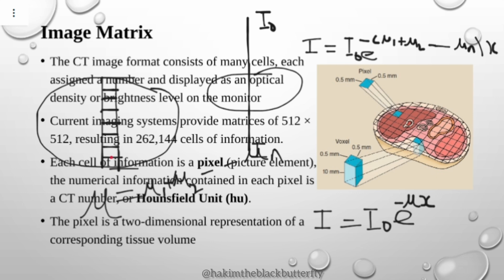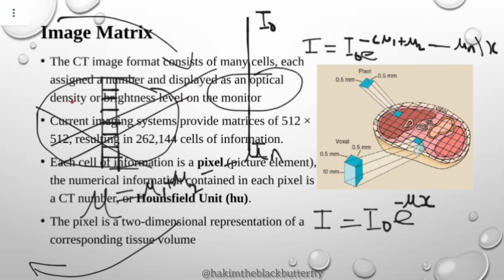Now, this is just a single ray of intensities. There can be thousands of rays of these intensities. And remember also, the X-ray tube and the detector must rotate around the patient, meaning that we are going to get other rays in those positions, many of them.